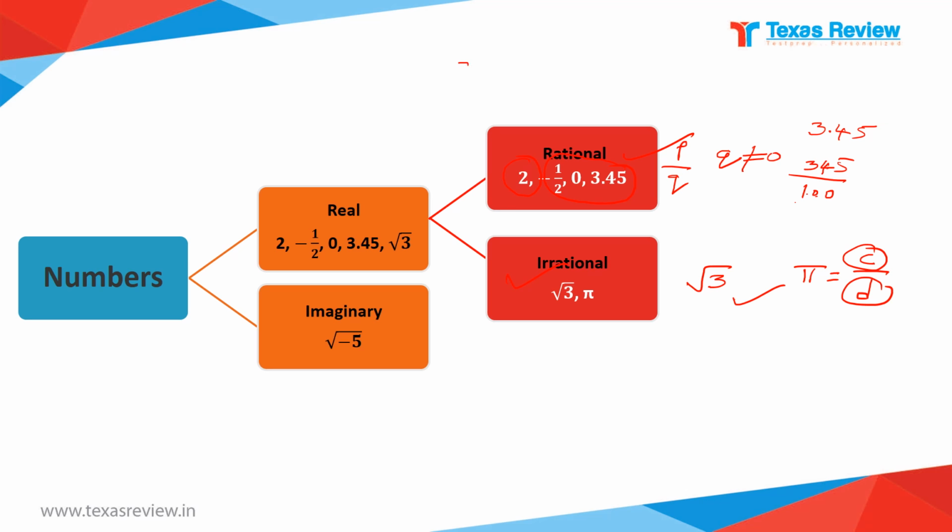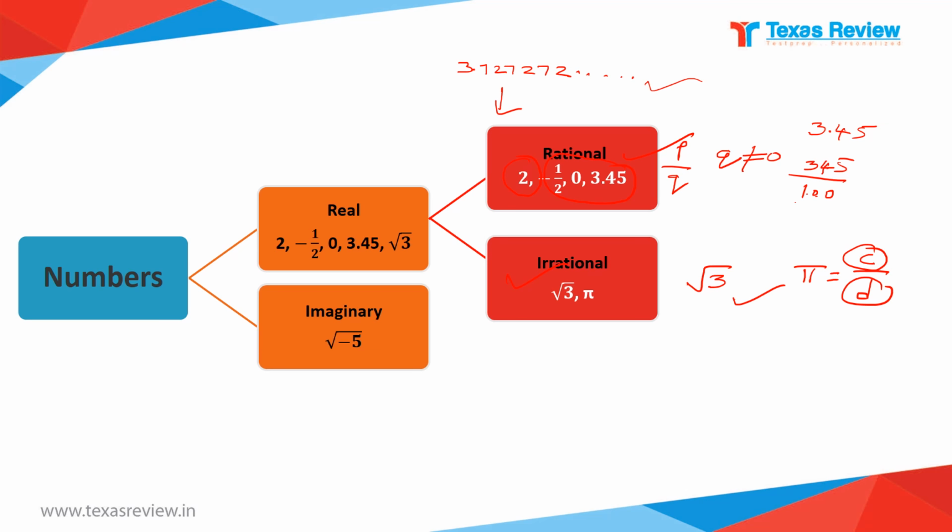For example, say 3.727272 and so on. This is a recurring and non-terminating decimal. This can be expressed as a rational number, but if a number is not recurring or not terminating, for example root 3, which never gets terminated and you don't see any pattern like this, it is irrational.